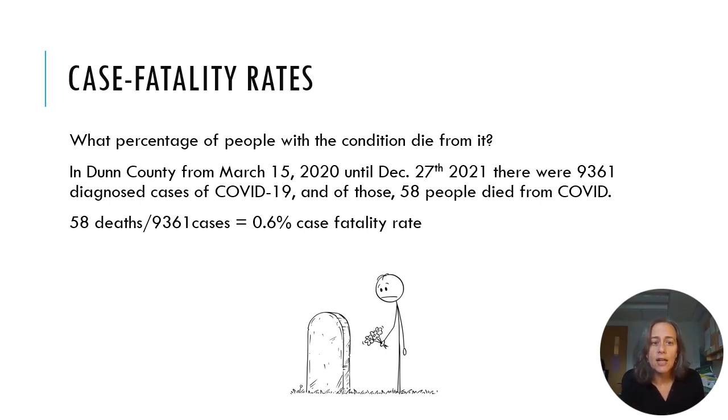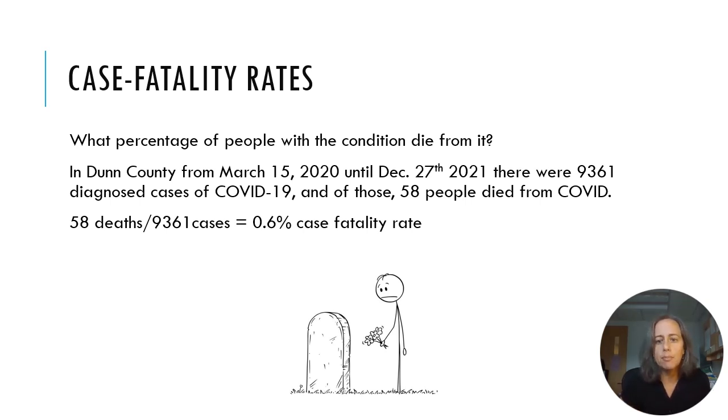So to figure out the case fatality rate, you say 58 deaths out of 9,361 cases, that's a 0.6% case fatality rate. That means 0.6% of all the people who got infected, as best we can tell, died from COVID-19. Now that may seem like really, really low, like, oh my gosh, so 99.4% of people survived.